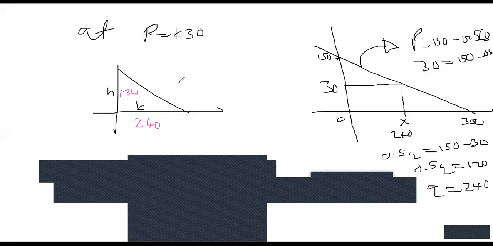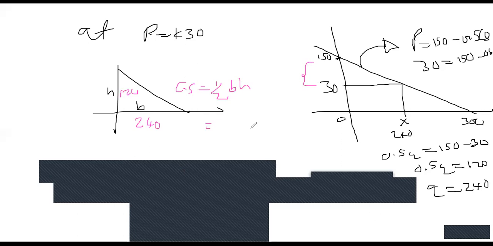How do you get the 120? The difference between 30 and 150. Are we all following? Are we moving together? Yes, we are. So in this case, consumer surplus should be 14400.